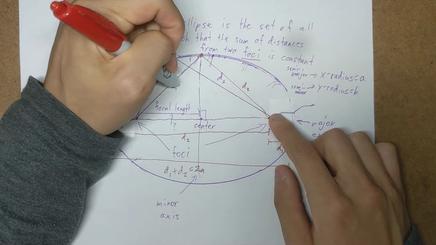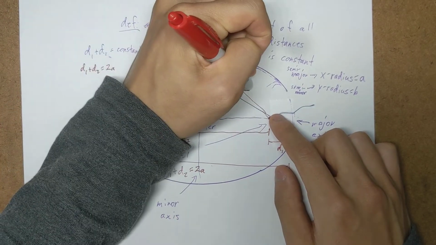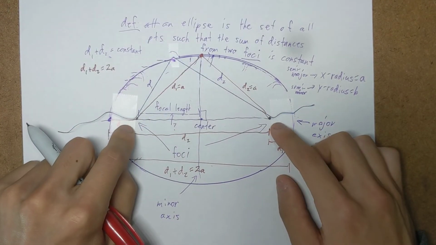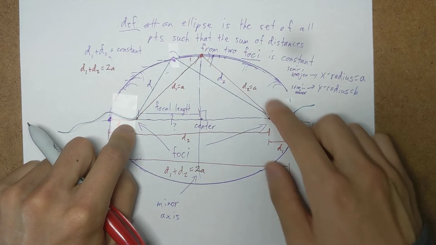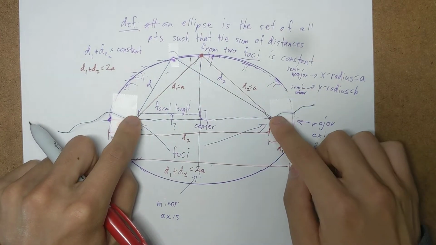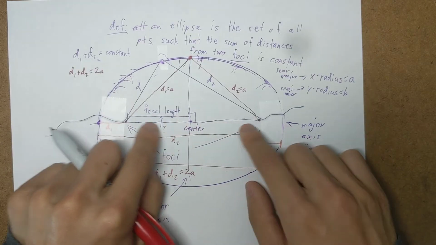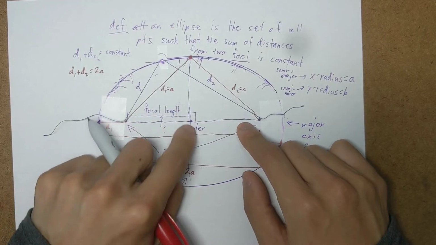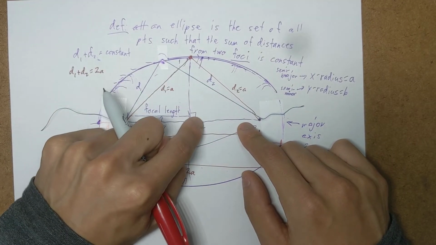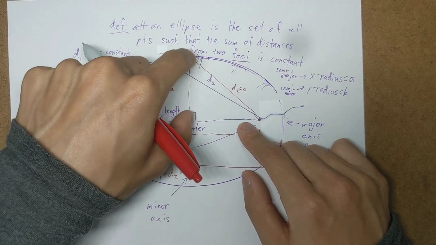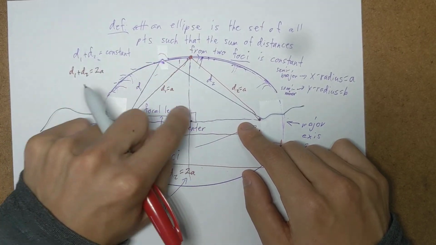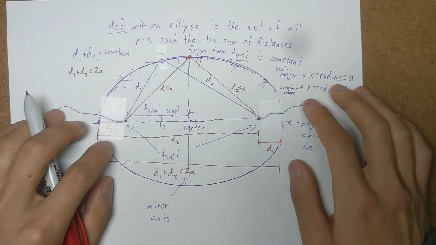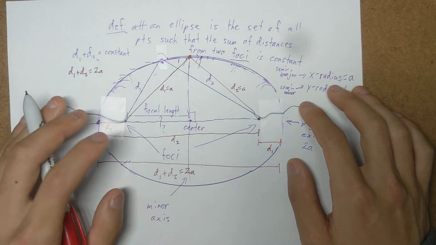That would mean that D1 is a and so is D2, because together they make 2a, right? So these would be congruent triangles, and you can confirm that with some geometry. Because the focal distances should be the same, this is perpendicular, and they share this side, they'd be congruent by side angle side. Anyway, or leg right triangles.